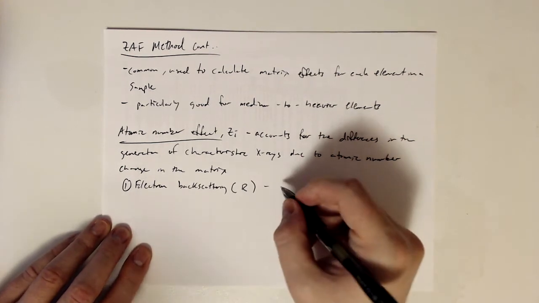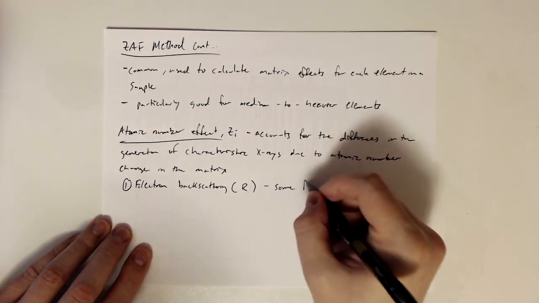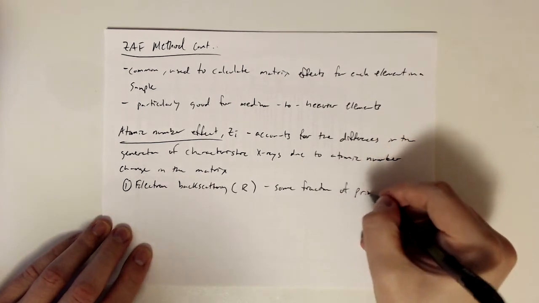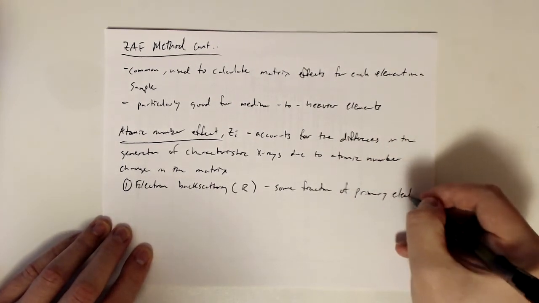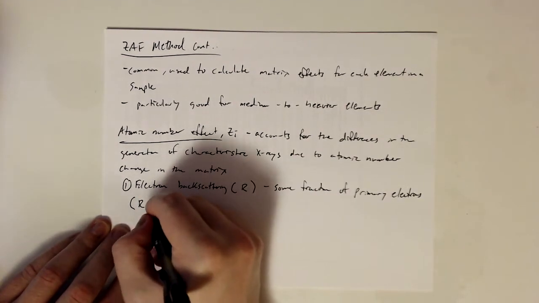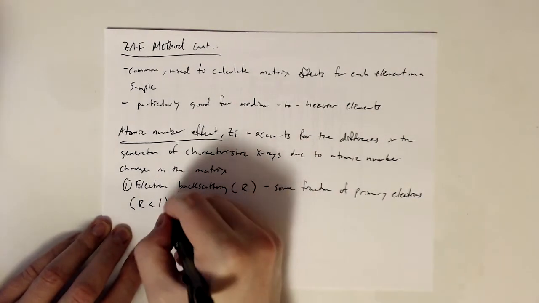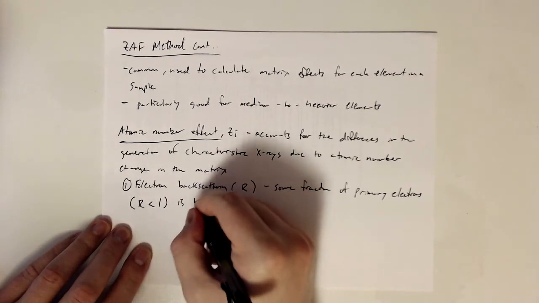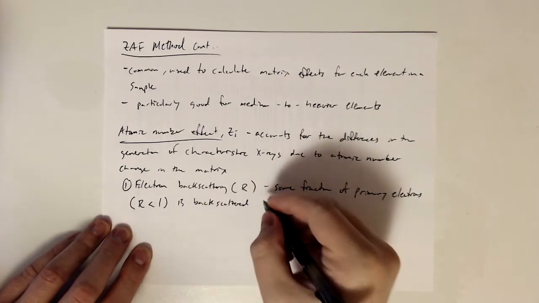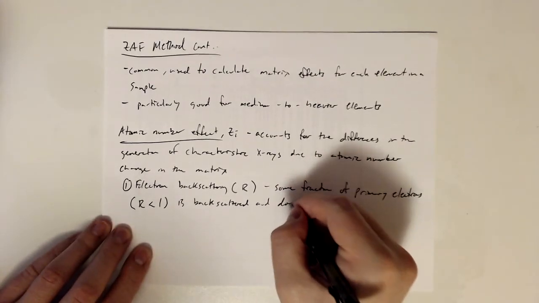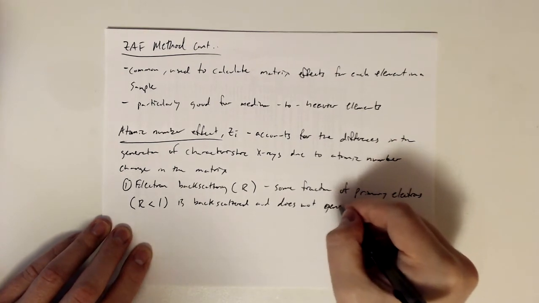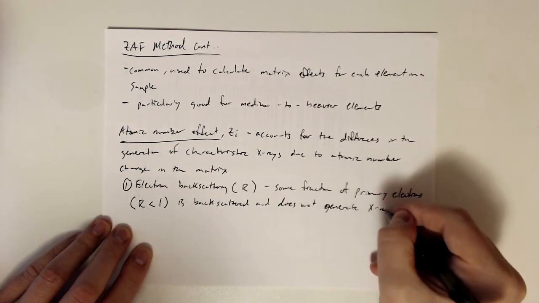Basically, we have some fraction of primary electrons, so this is going to be less than 1, obviously, that is backscattered and does not generate X-rays.